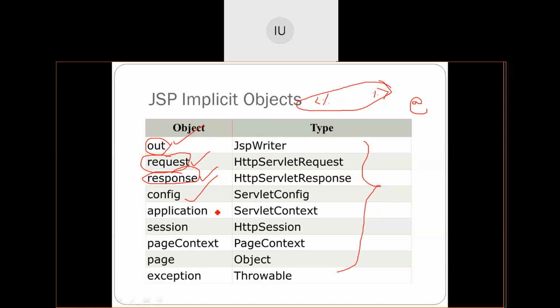Application talks about what kind of application you are running. So application details are stored as part of this implicit object. Session is the thing that I will be discussing in depth today. Session tells you that you have navigated from the first page to the third page.